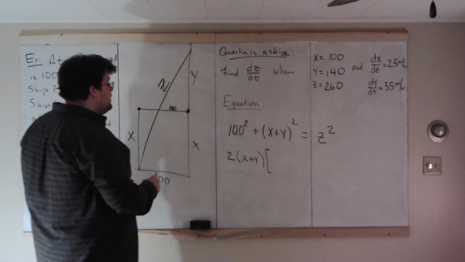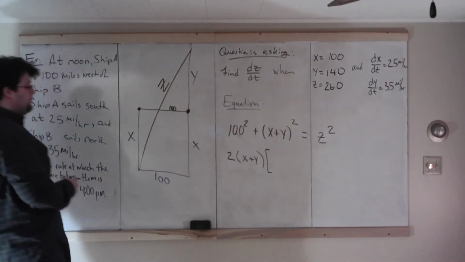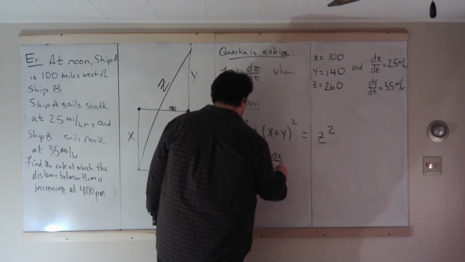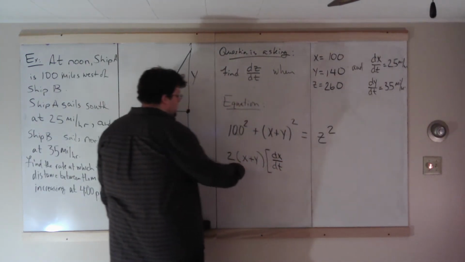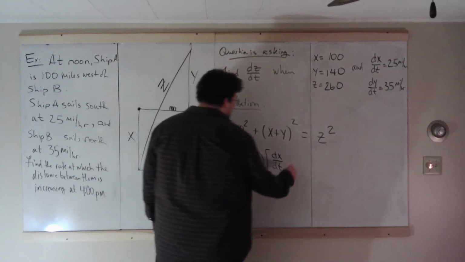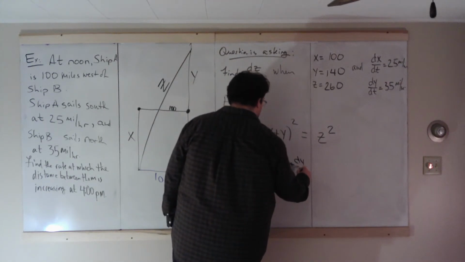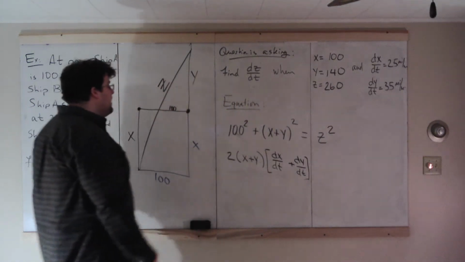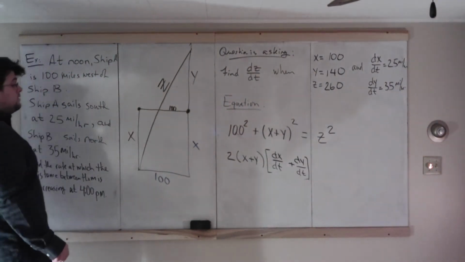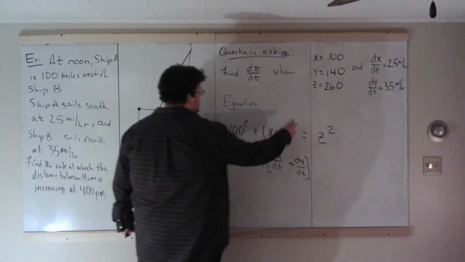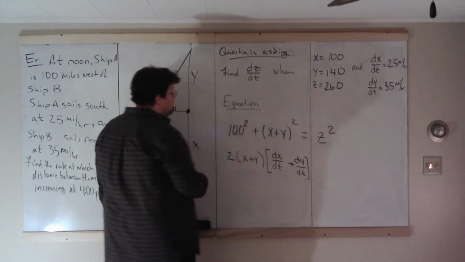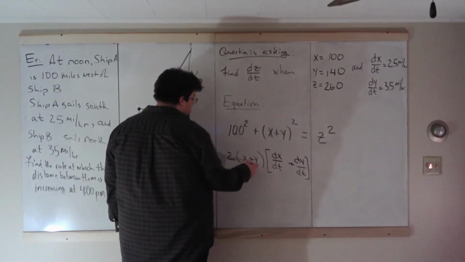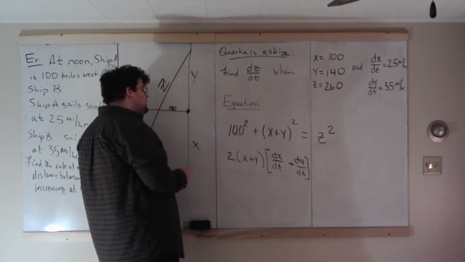We're differentiating with respect to time. Derivative of x with respect to time is 1 dx dt, plus derivative of y with respect to time is 1 dy dt. So that's what we get on the left side. 0 plus a power rule here, 2 of these to the first, times the derivative of the inside, 1 dx dt plus 1 dy dt.